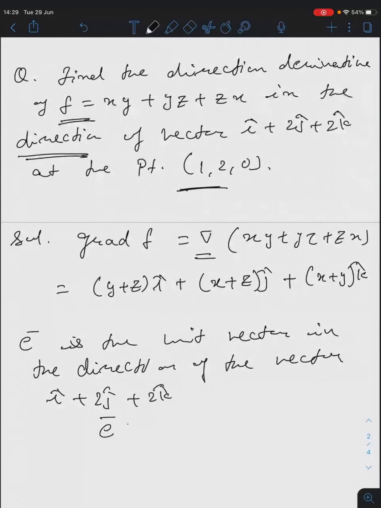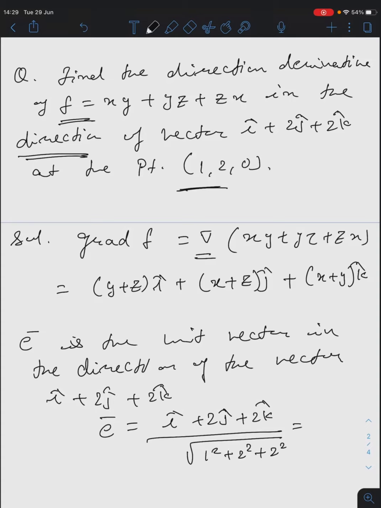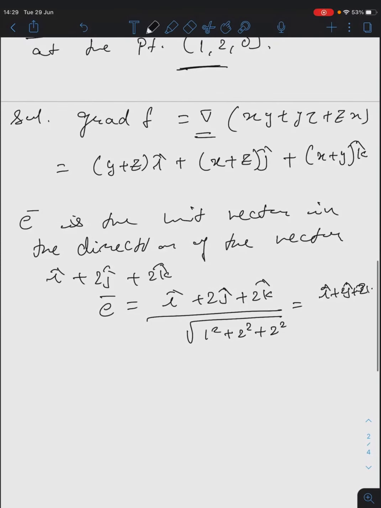So the unit vector is given by i cap plus 2j cap plus 2k cap by root over of 1 square plus 2 square plus 2 square. Okay. So what will you get? Tell me the denominator. 3. 3 you are getting. Okay. That is i cap plus 2j cap plus 2k cap by 3 you got. So that is your unit vector.